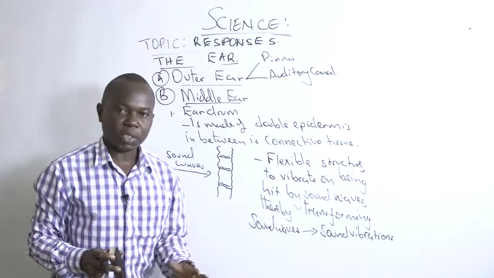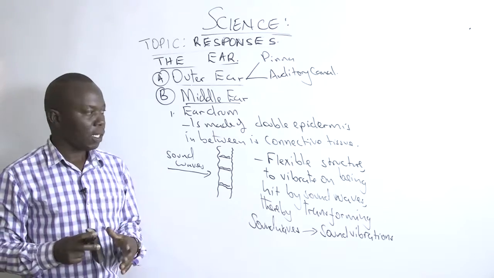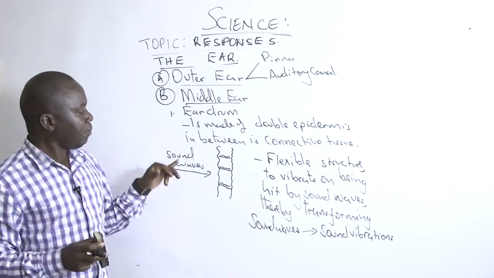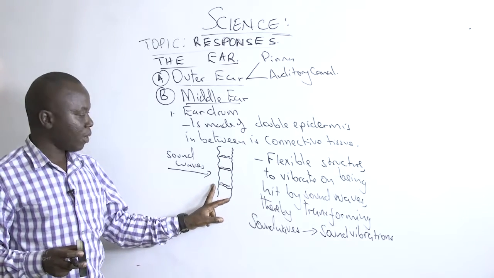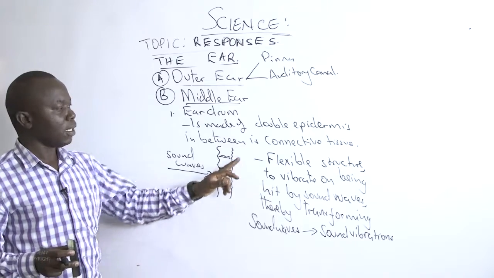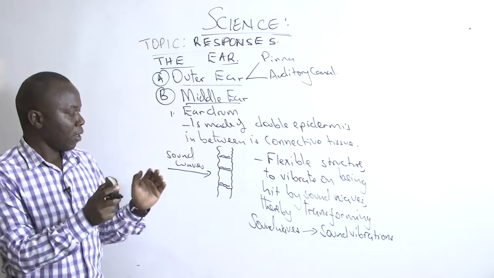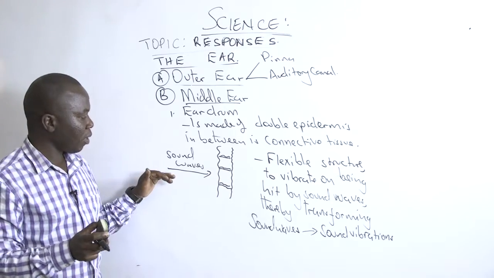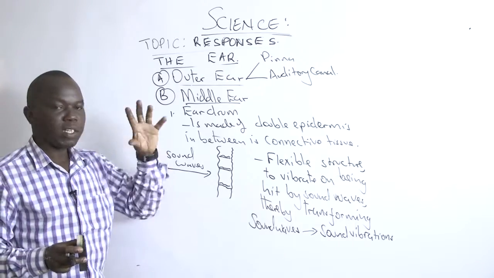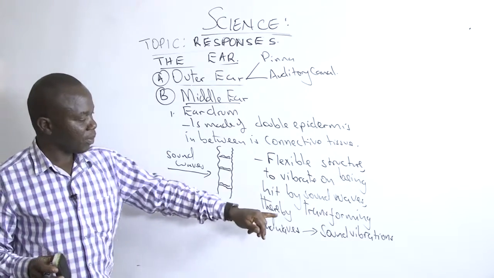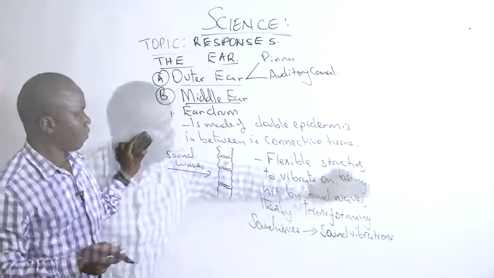So it is this sound vibration that will cause other mechanisms that will cause hearing. So the eardrum is a structure made up of two epidermis, with connective tissue in between to hold them together. Being flexible, when sound waves hit it, it vibrates, and when it vibrates, it transforms sound waves into sound vibrations.